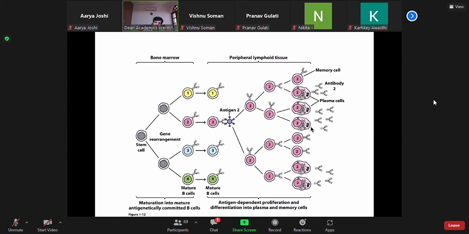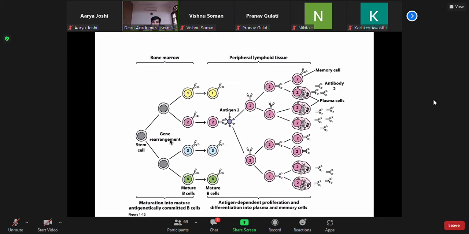They make these antibodies and you try to neutralize whatever microbe you have encountered, right? So this is basically how the process of B cell activation takes place.